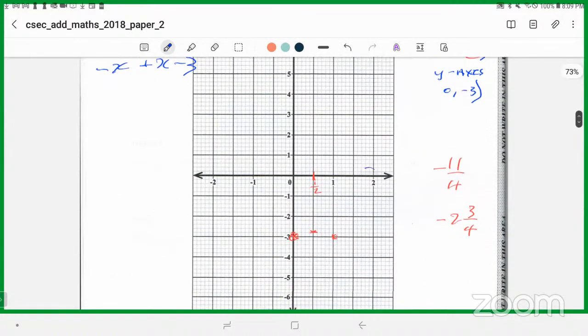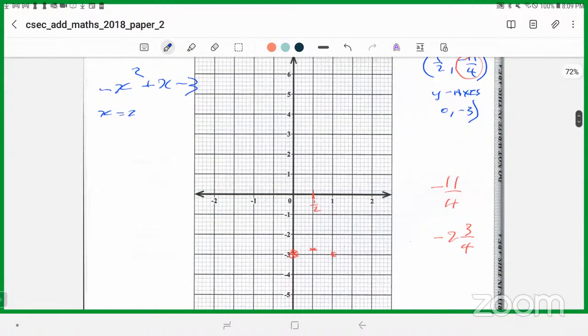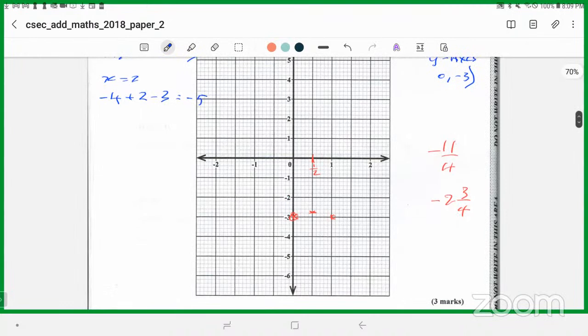So I'm going to put in 2 in there, x equals 2. If x equals 2, this becomes minus 4 plus 2 minus 3. That becomes what? Negative 5, right? Minus 5. So 2 is minus 5 right here.